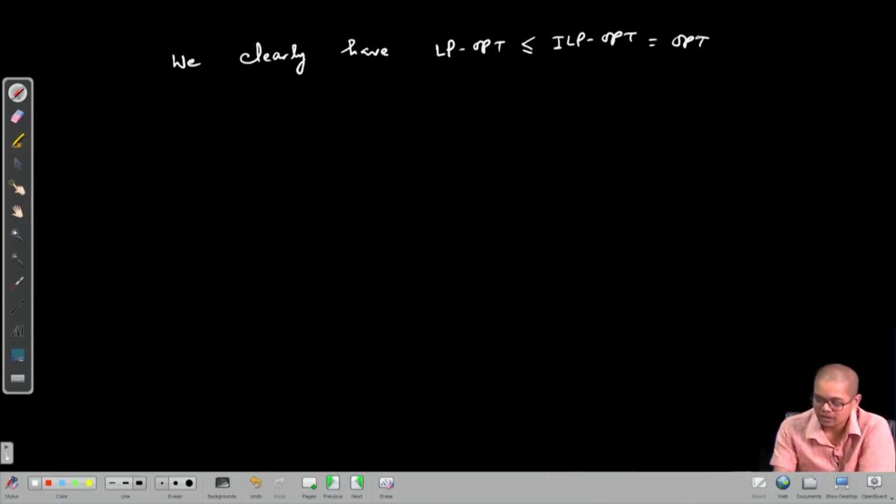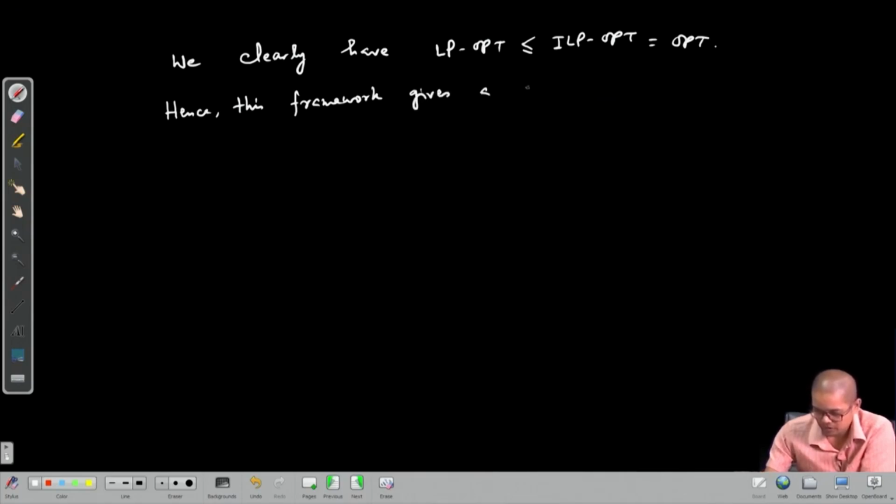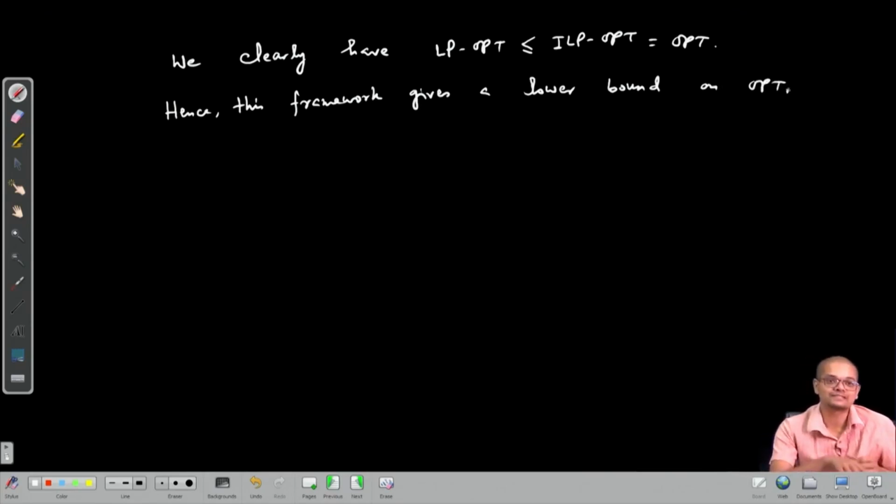So using this framework, we get the lower bound that we are looking for. Hence, this framework gives a lower bound on opt, which is often the first step in any design of an approximation algorithm.